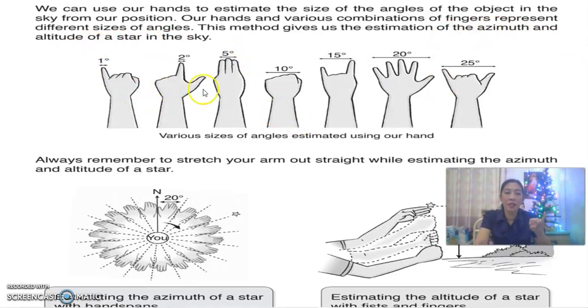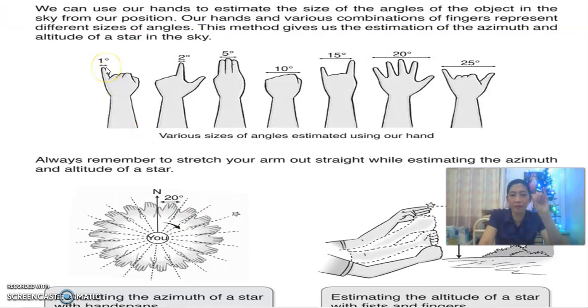These are various sizes of angles estimated using our hand: 1, 2 degrees, 5 degrees, 10 degrees, 15 degrees, 20 degrees, and 25 degrees.